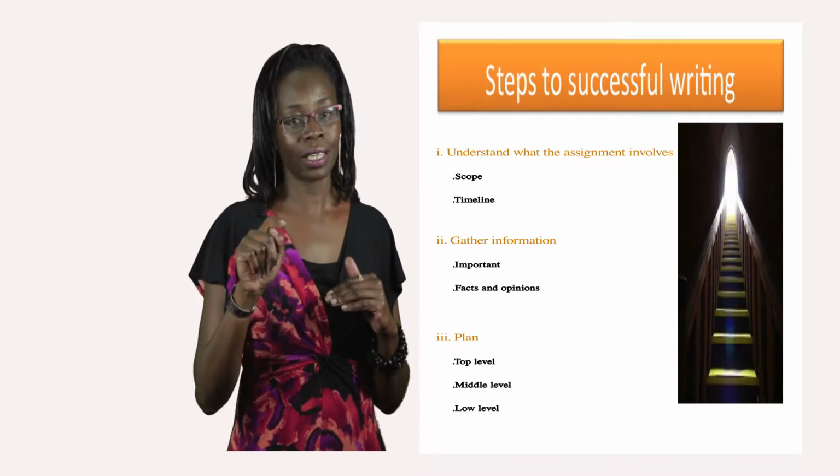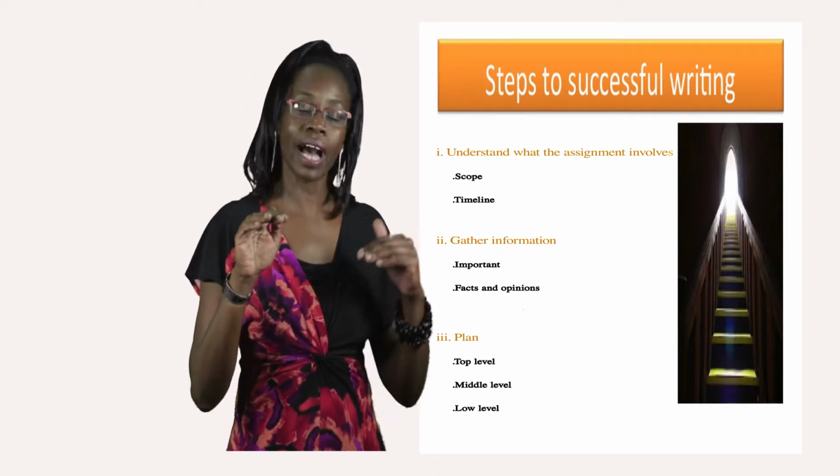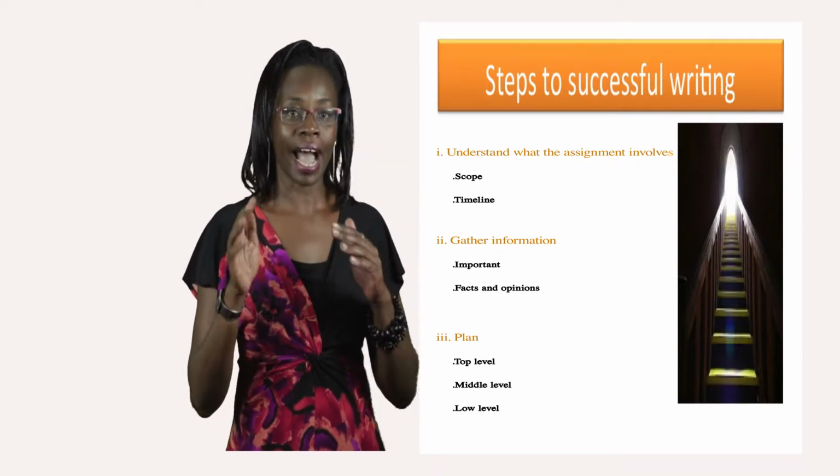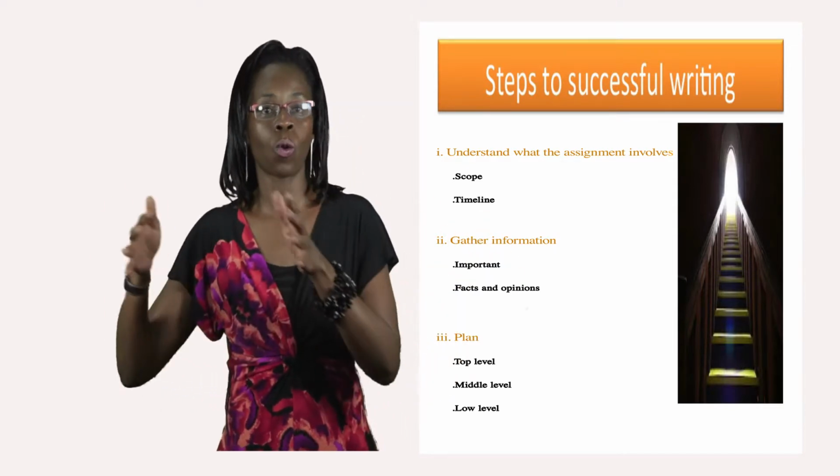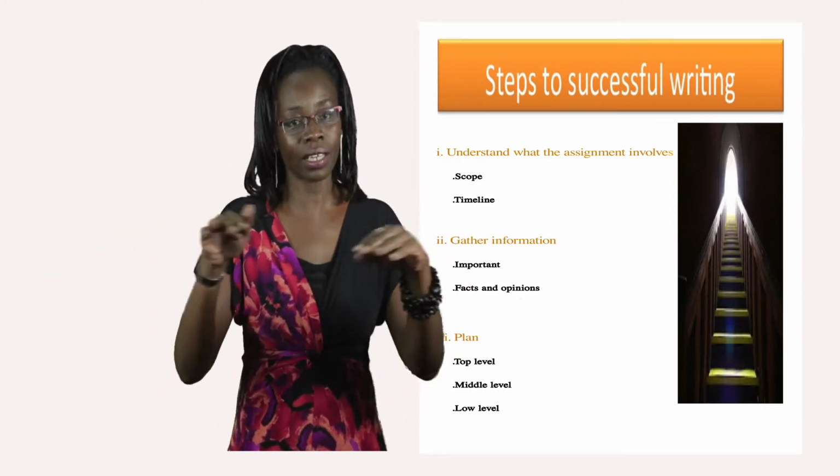But better still, in the middle level, we could have a section in Germany, either East Germany or West Germany. That is still in the middle level. At the lower level, when we come to East and West Germany, we can break it down further. What do we want to talk about? Maybe we want to talk about Bulgaria. Maybe we want to talk about Hungary.